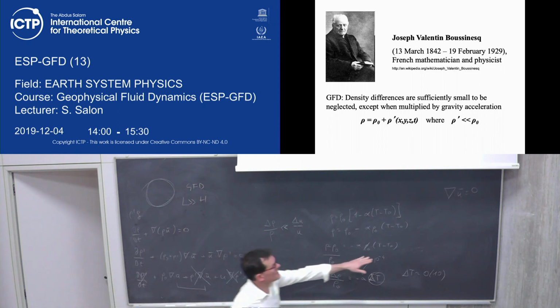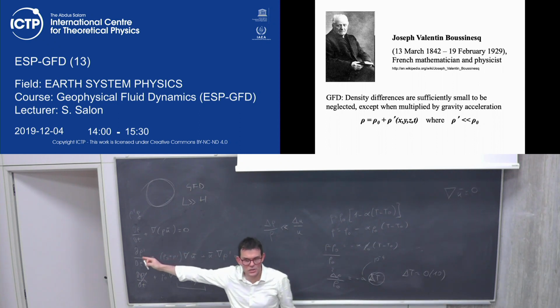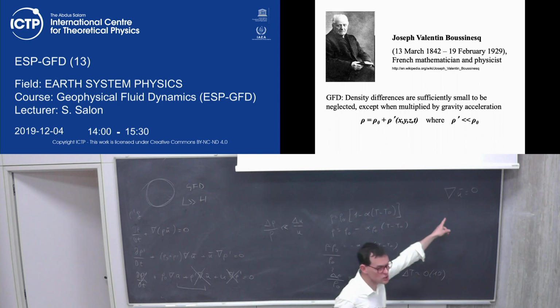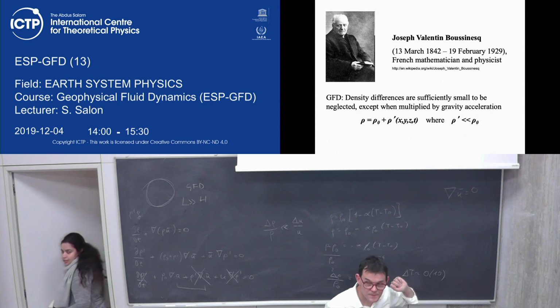This means that you don't have any change of pressure because of density, because density remains constant. The conservation of mass doesn't deal with variation in time of density, but only with variation of velocity in space. So incompressible means constant density over the space.